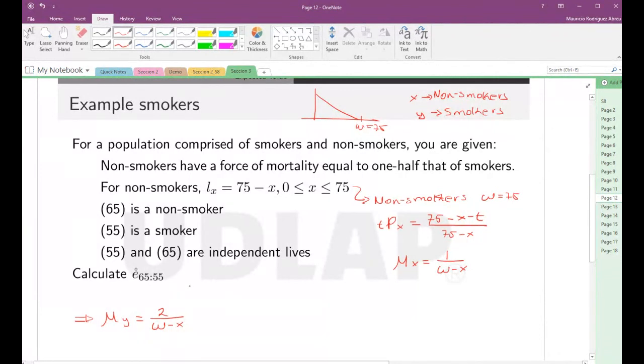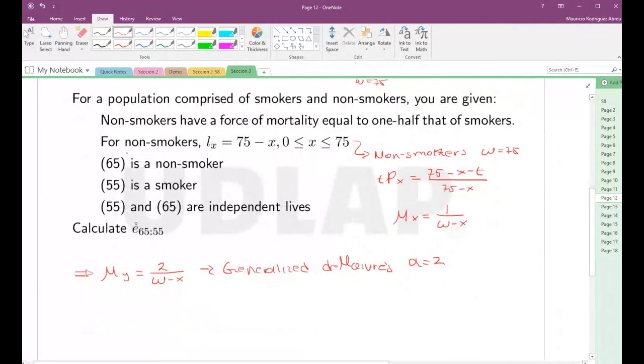So this is the MWAP, the one we have here, and this is a generalized MWAP again, with alpha being 2, which is really convenient because from what I wrote in a previous slide, what we know is that the probability for y is going to be 75.